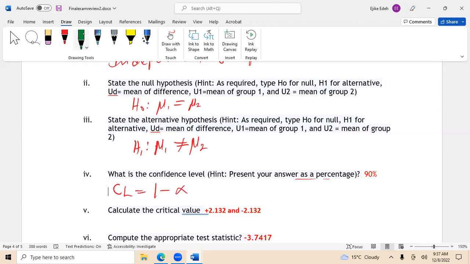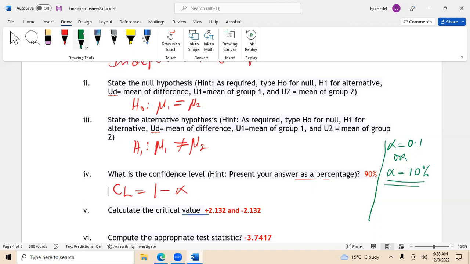But I want to write in green here, just additional explanation. Remember that alpha could be given as a decimal, in which case it's like 0.1, the way we have it here, or it could be given as a percentage, right? In which case, if it is 0.1, then that should have been something like 10%, right? So depending on the way alpha is given, that is the way you work on the formula here.